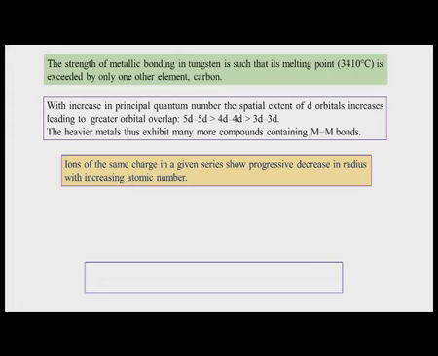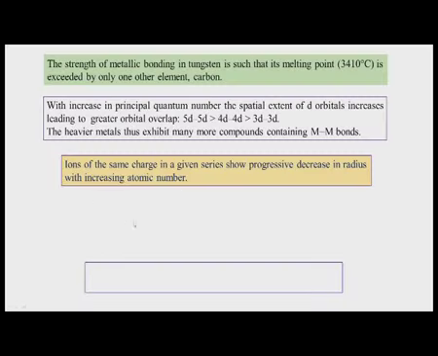If the size is also not changing much, what is happening? The nuclear charge is changing, the atomic number is changing from scandium to copper. Increasing atomic number will give a higher positive nuclear charge, which will attract the electron density or the electrons in the different orbitals.